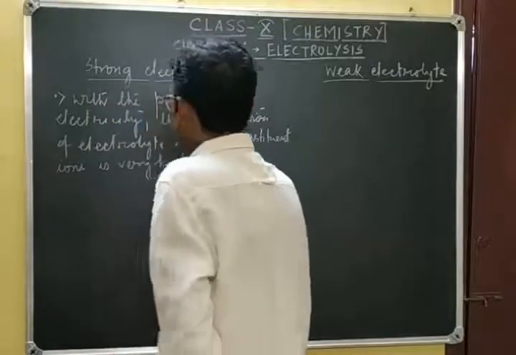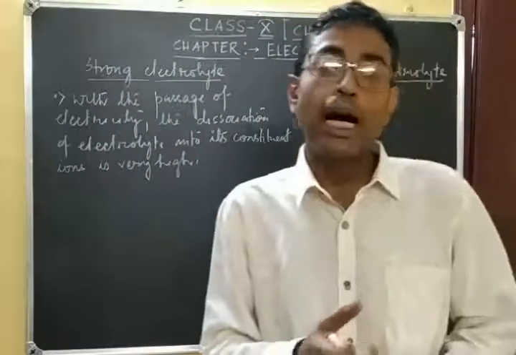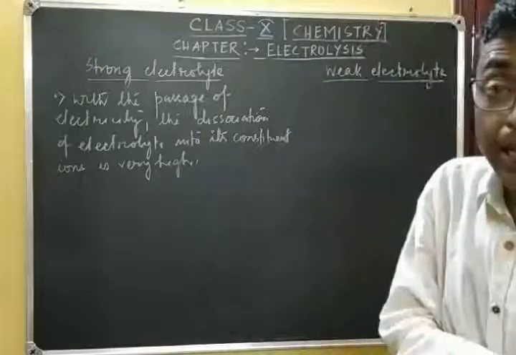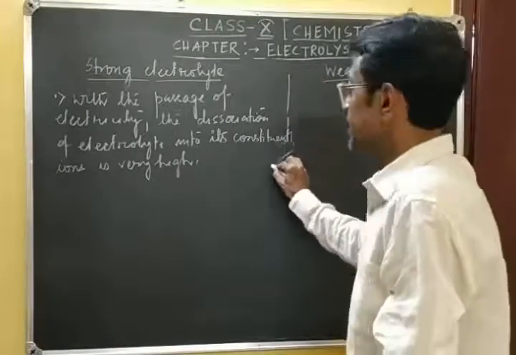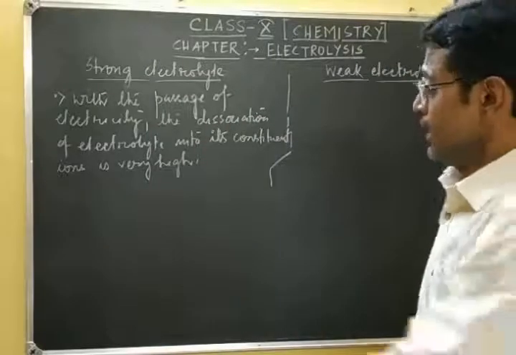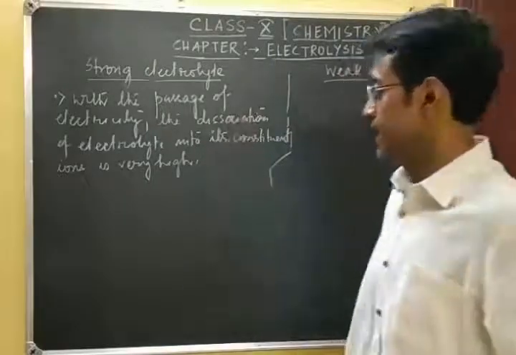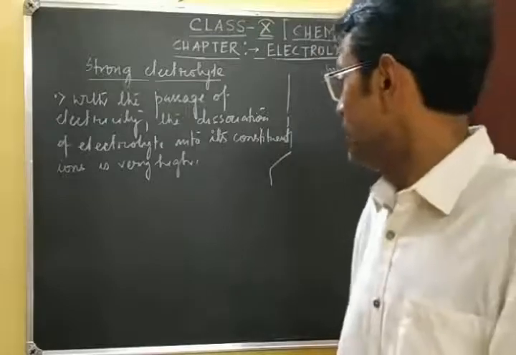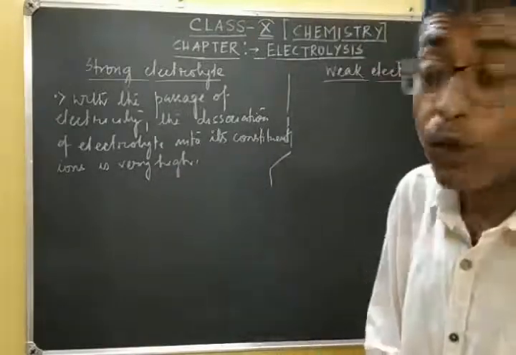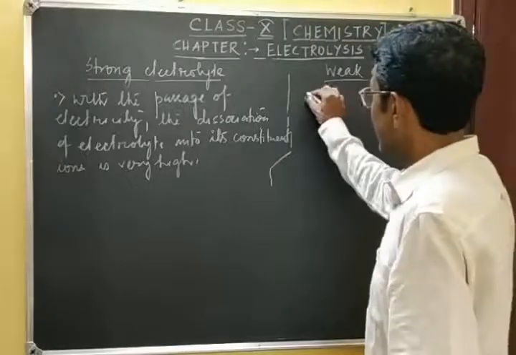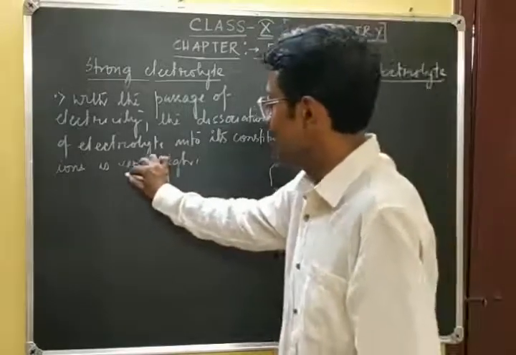That means a large amount of ions will be produced. Here the same thing we write, that is, with the passage of electricity, the dissociation of electrolyte into its constituent ions is very low. So you are in class 10, so I am just changing this word.